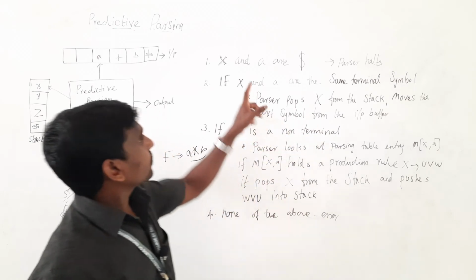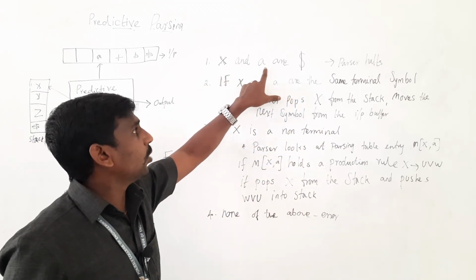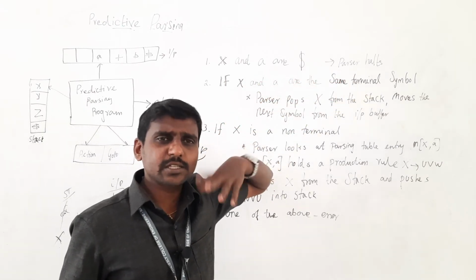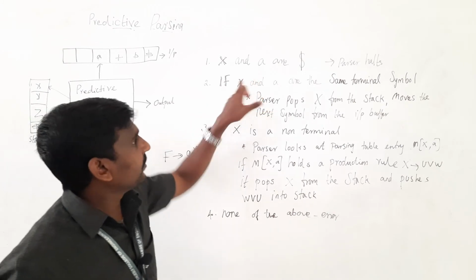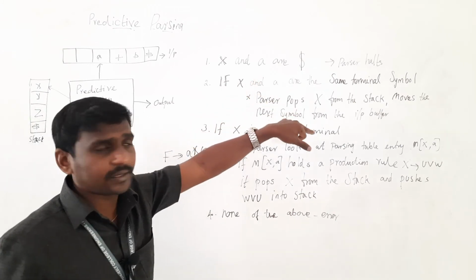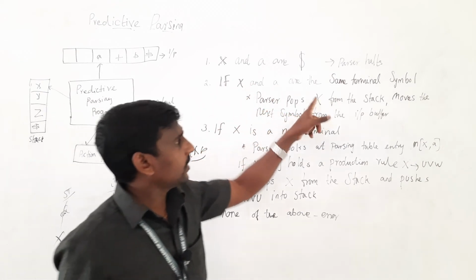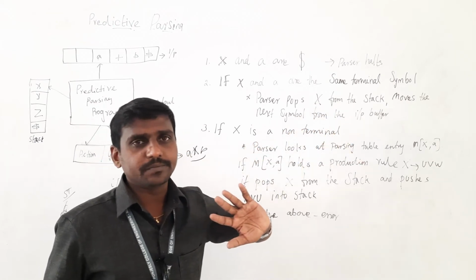The first one is, if the top of the stack is a variable and the input symbol is dollar, the parser halts successfully. Second one is, if X, the top of the stack, is a terminal and a is a different terminal, the parser moves to the next symbol of the input buffer, okay.